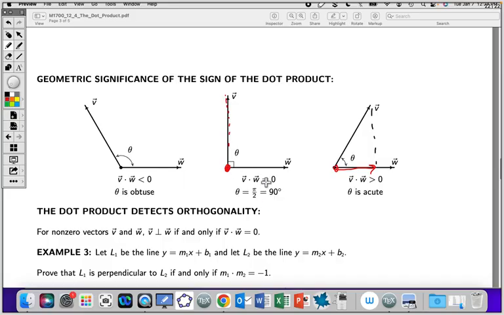So the dot product is 0. My projection vector here would be the 0 vector. And if I shone the light down here, the dot product is negative. Instead of being in the direction of W, the projection goes this way, which is in the opposite direction of W. So that's why it's this signed quantity of how much of V is in W's direction: plus, minus, or 0.